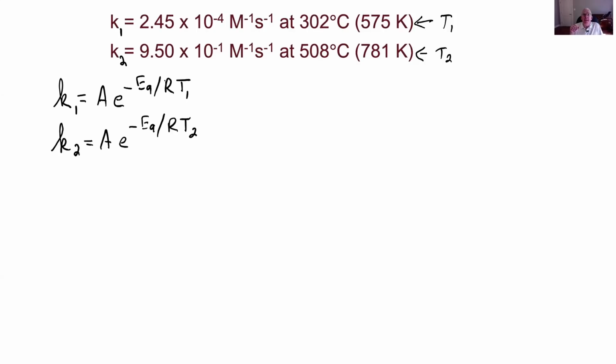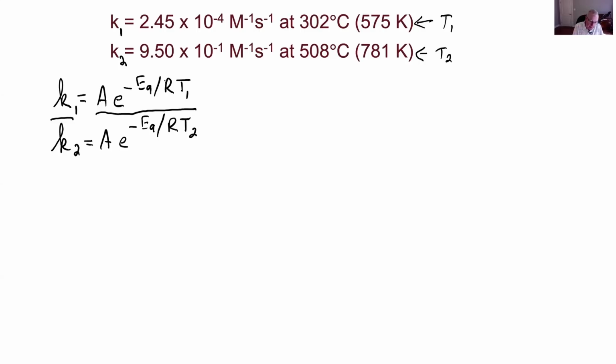Probably the easiest way to get started solving is to note that right now we have 2 things we don't know. We have A and E sub A in those equations that we don't know, right? We know both T's and both K's, and we know R. I don't really care about A, the pre-exponential factor, so I'm going to divide those 2 equations by one another, okay? You can always divide equal things by equal things, and we should still have an equality.